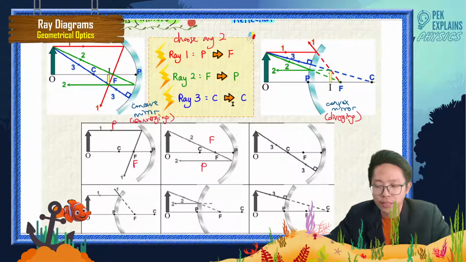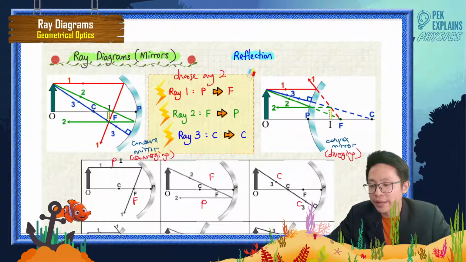The last ray is from the center of curvature, passing through the center of curvature of the mirror and then going back undeflected. It is reflected along the same path. This is the third ray. So that's how you draw.